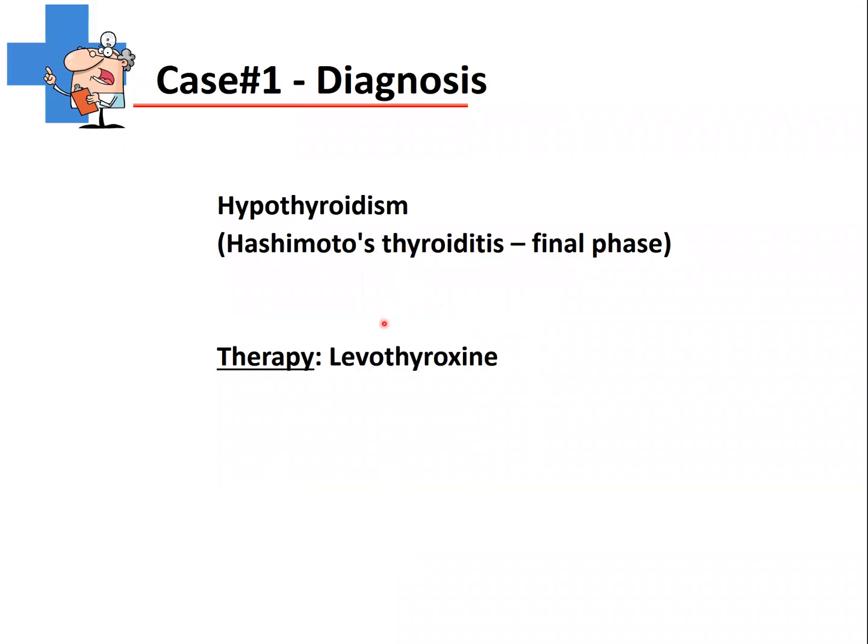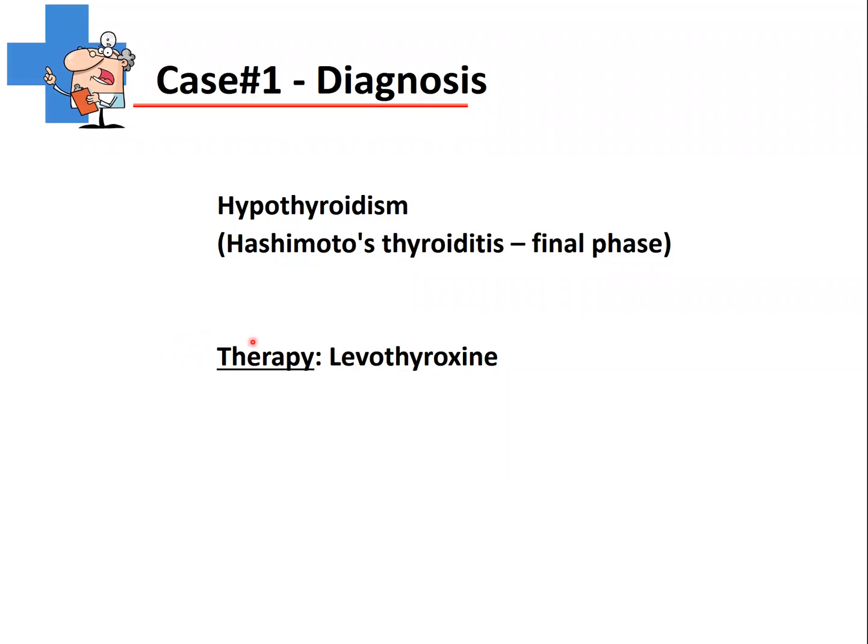Now, Hashimoto thyroiditis is an autoimmune disorder that usually starts with a phase of hyperthyroidism. When we have antibodies directed against the thyroid gland and disrupting the follicular structure, at first we have more thyroid hormone in the circulation. So the patient could have clinical symptoms of hyperthyroidism.